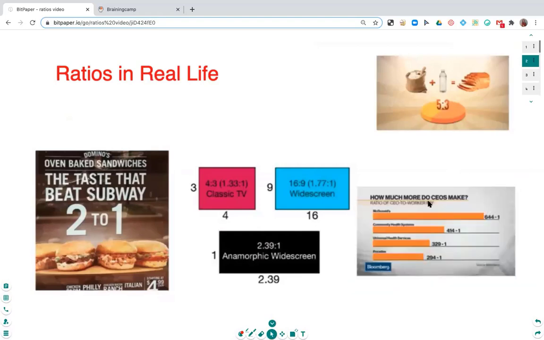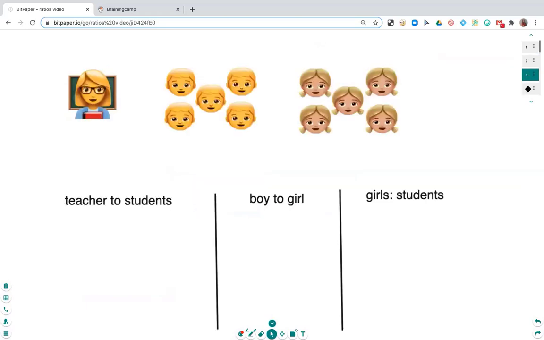And another example I found was comparing pay, a ratio of how much a CEO makes versus how much their workers make. You can see the ratio is quite large there. So interesting. Ratios are all around us, and I'm sure you could think of many more examples. Now let's do a few examples of how we write a ratio.